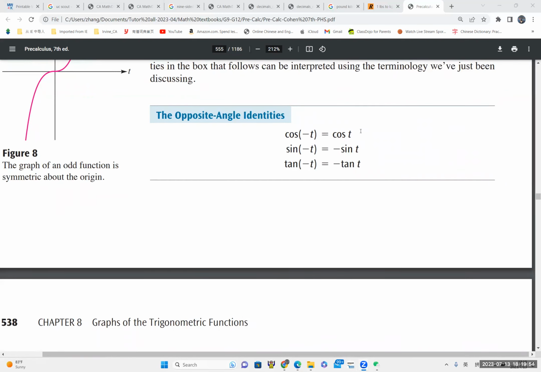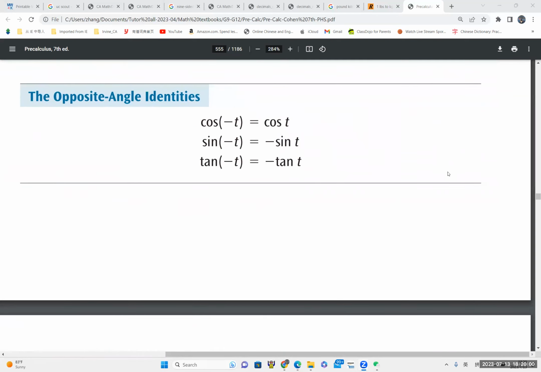Do you have questions why this happens or why this is true? Cosine is related to the x-axis, it represents the x-axis. Actually, I suppose we can draw it, right? It reflects over the x-axis.